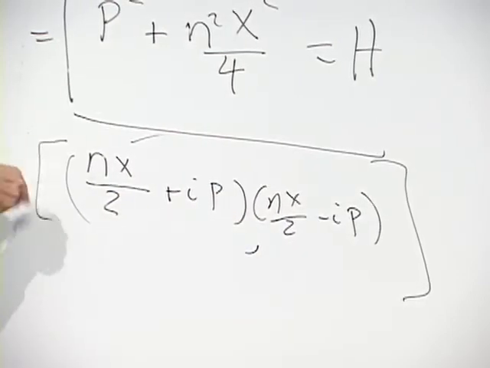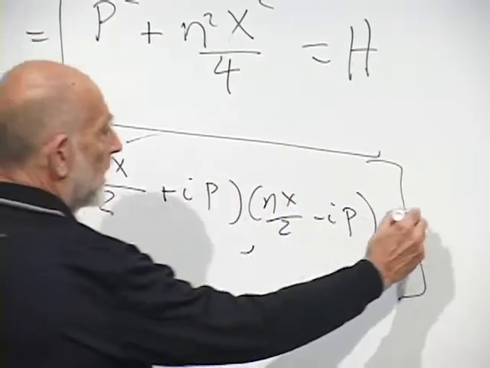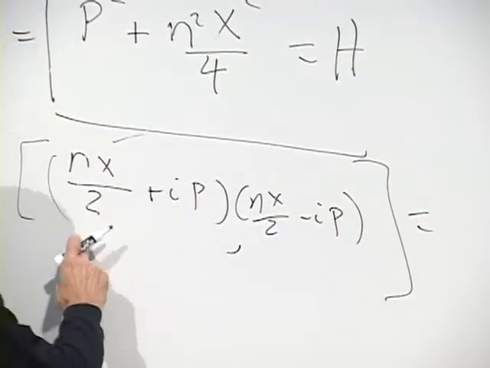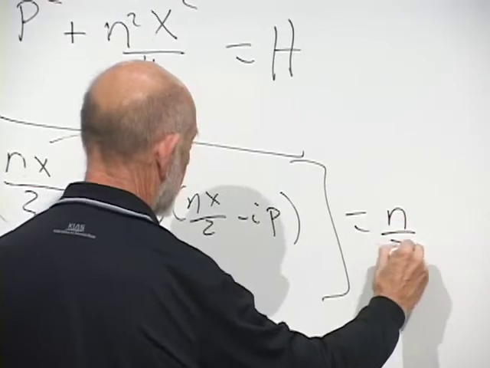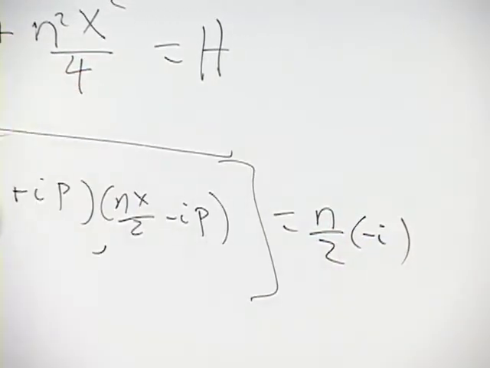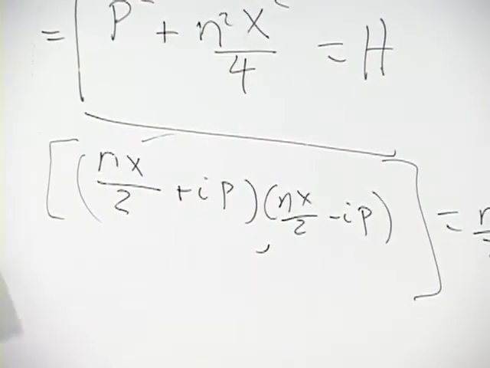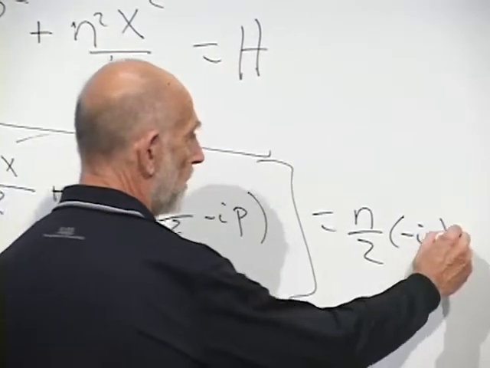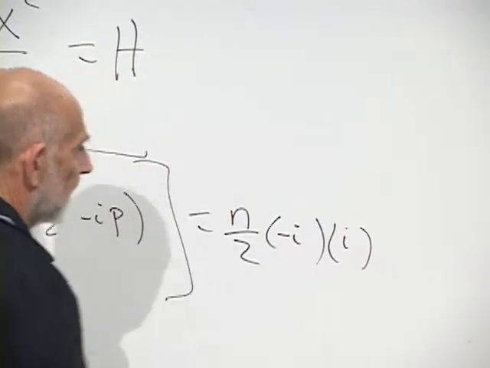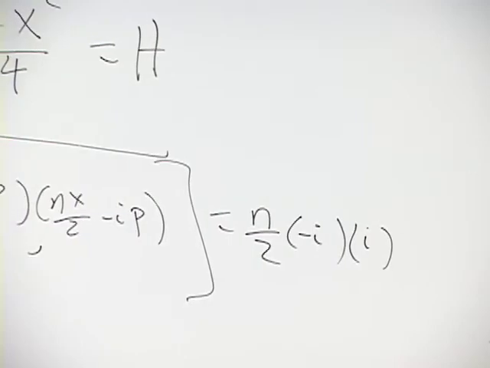All right, so if we just look at the first cross term here, that will give us n over 2. It'll give us a minus i from here. But then the commutator of x with p is plus i. So that gets multiplied by plus i. Altogether makes it just n over 2 so far.